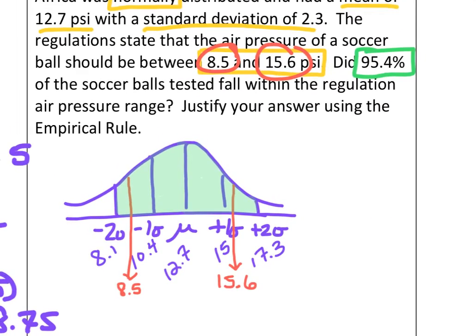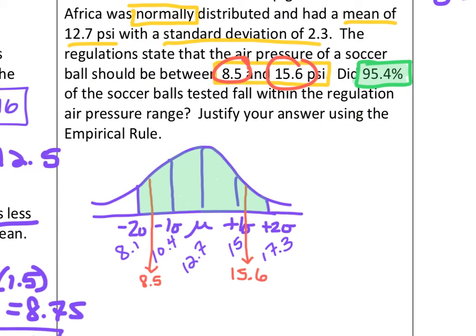And it's asking if 95% fell between the regulation of 8.5 and 15.6. And so essentially these balls that were in this space right here and in this space right here were outside of the regulation.